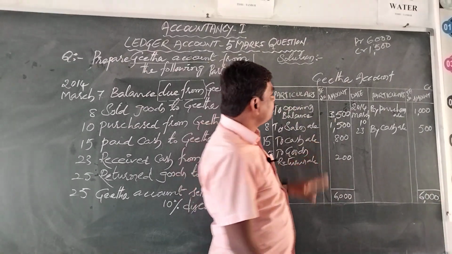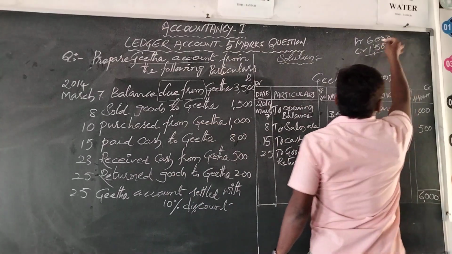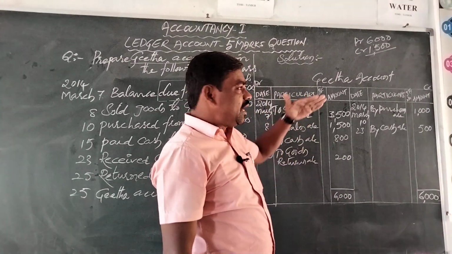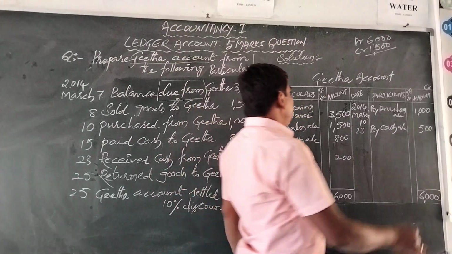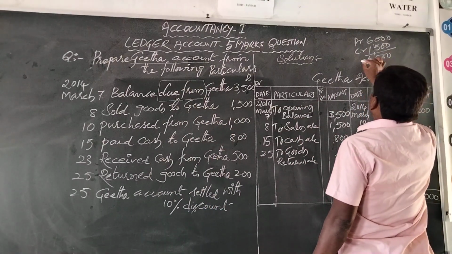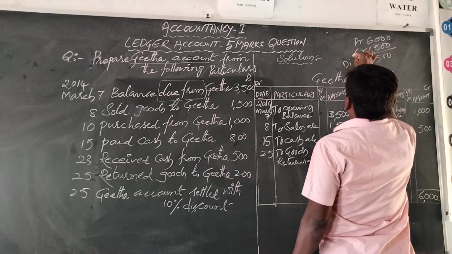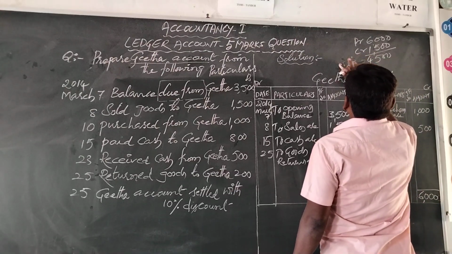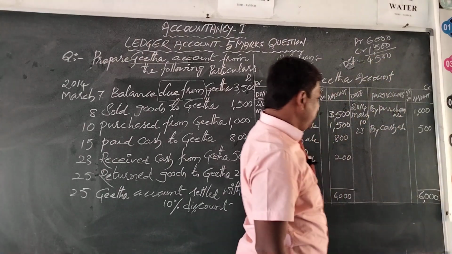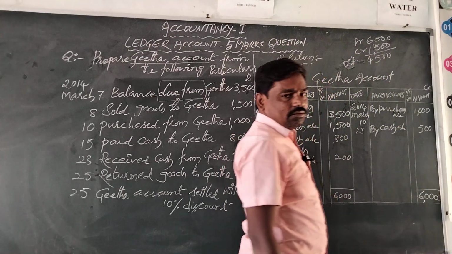Next, from 6,000 you deduct 1,500. From the higher value you deduct the lower value, and you will get the difference amount, that is 4,500 rupees. Here the difference amount is 4,500. So what's happening here?